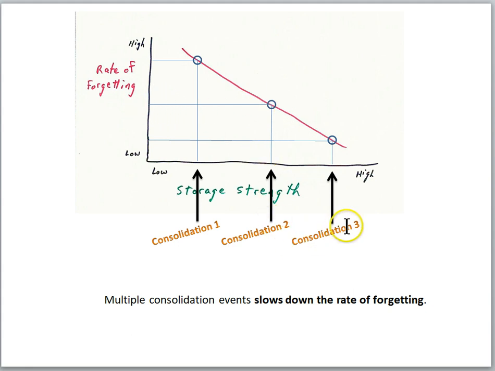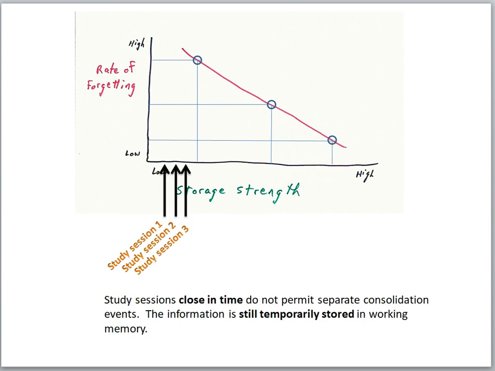And if we enjoy another round of consolidation, we'll have an even lower rate of forgetting. So multiple consolidations can slow down the rate of forgetting. And this, of course, is part of why learning takes work. We have to give our brain the opportunity to do multiple rounds of consolidation if we want information that will be accessible for us in the future.